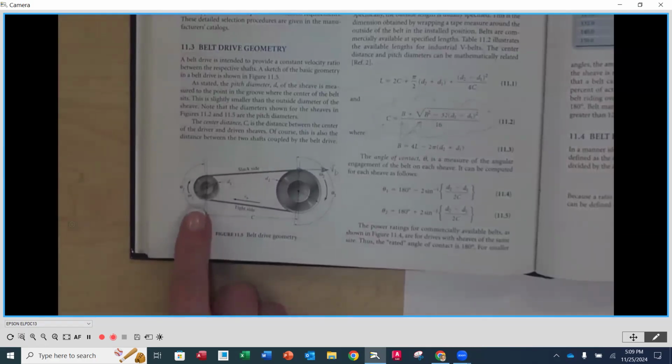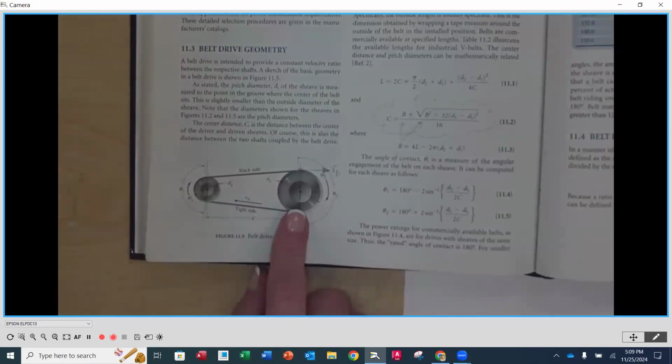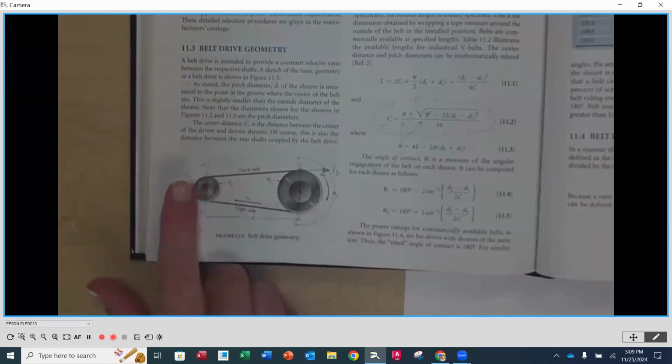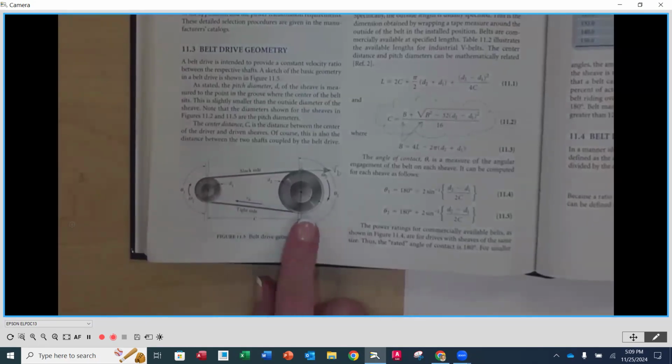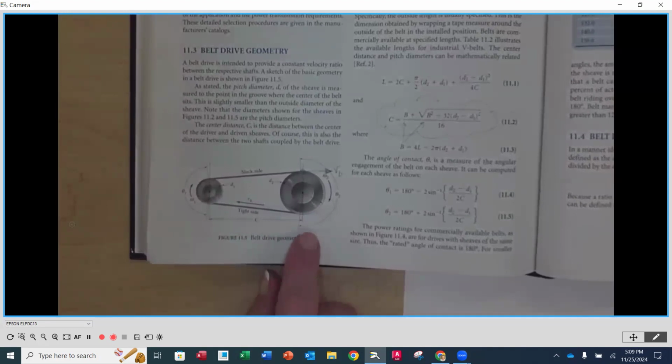You'll notice that we have an input, which is going to be the smaller one, and we have an output, which is going to be the larger one. Typically the smaller one is coming off of our motor or engine, whatever we're driving, so it's considered the driver of the machine. The driven side or the output side then is going to be the larger pulley or sheave that we see here.